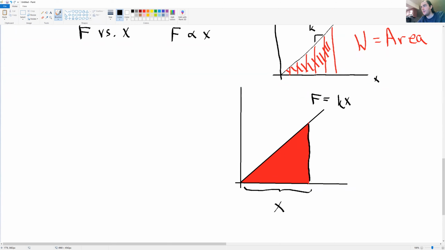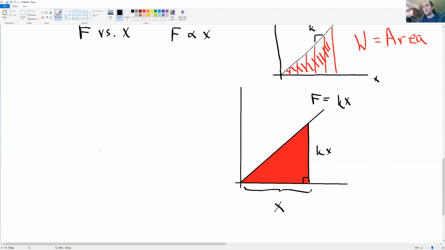If I drop down a perfectly vertical line here, that forms a triangle. This would be a right angle here. Then we can look at the base of the triangle, which is X, and the height of the triangle, which is KX.